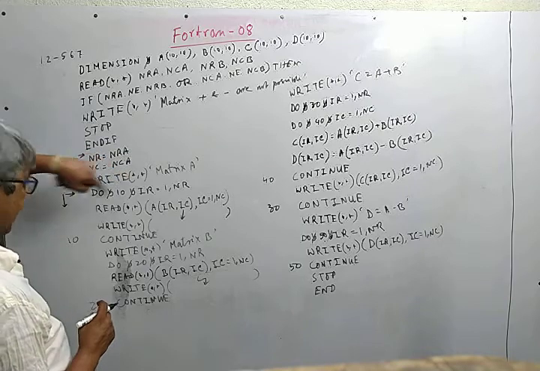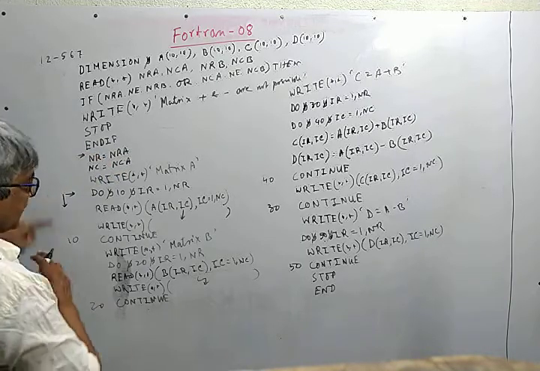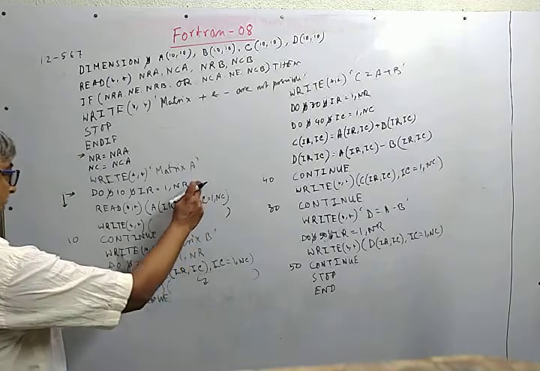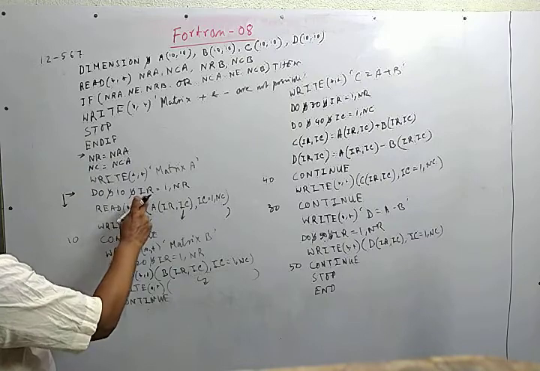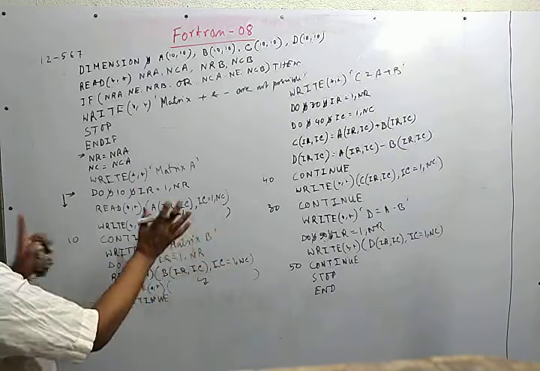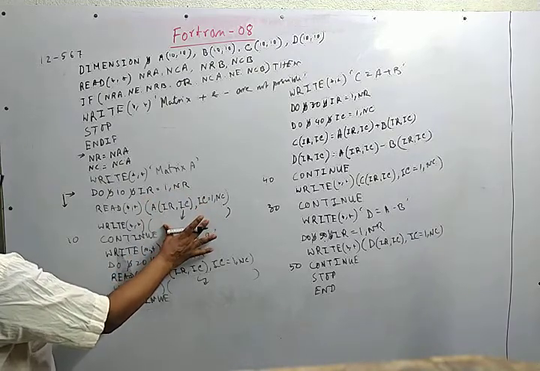The row index acts vertically downward and column index acts horizontally towards the right. So we use an explicit loop to control the row index and implicit loop to control the column index. So it reads the matrix in the conventional form and writes also.